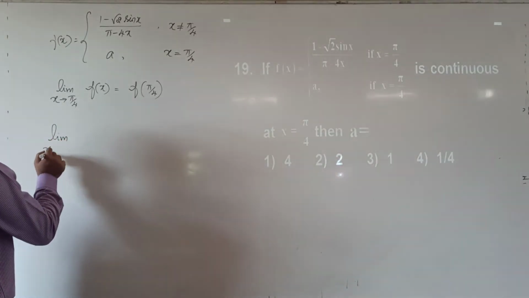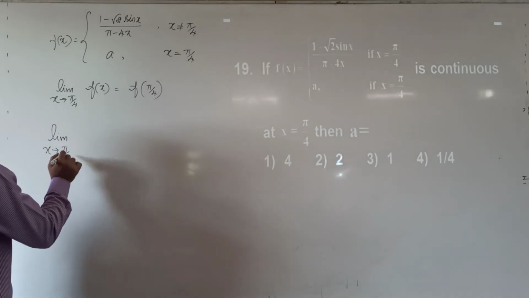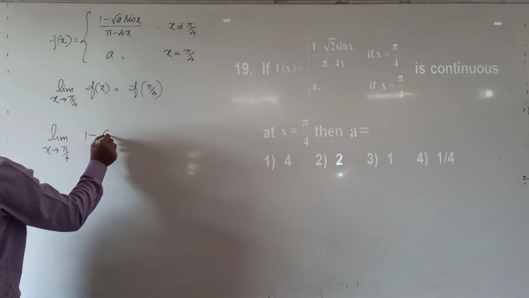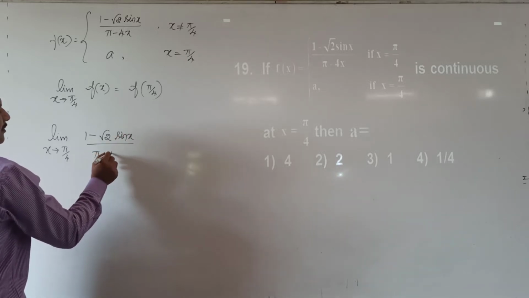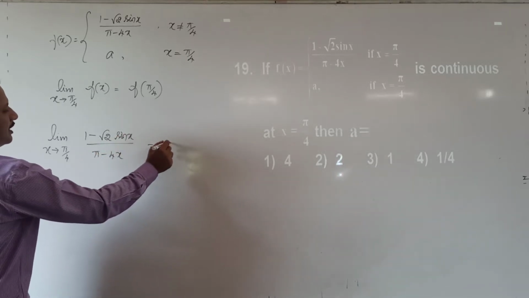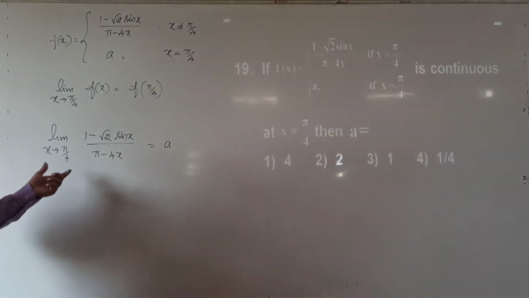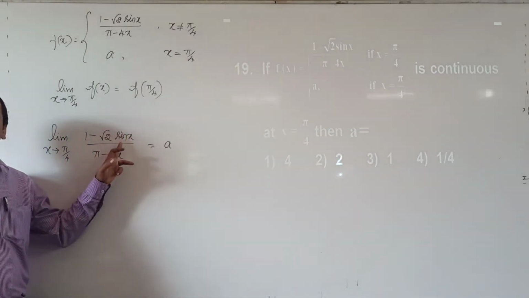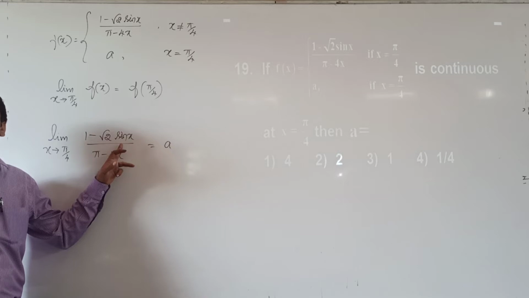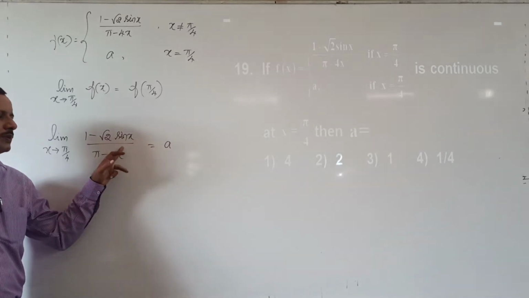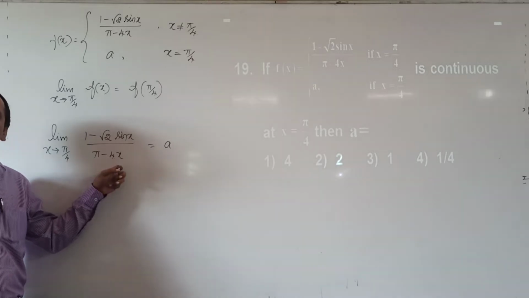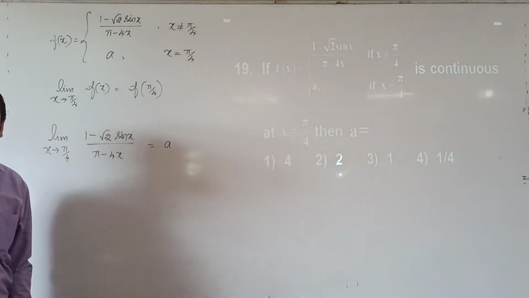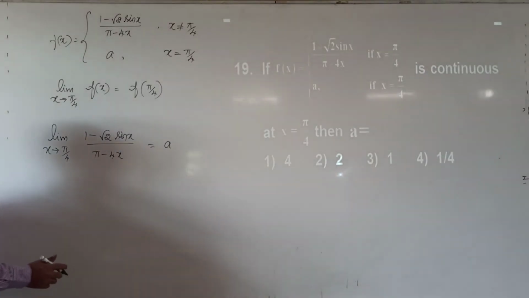Now, in place of f of x, I will substitute this 1 minus root 2 sin x divided by pi minus 4x. F of pi by 4 is a. If I directly apply the limit, we are getting sin pi by 4 here. Sin pi by 4 value is 1 by root 2. Root 2 gets cancelled. 1 minus 1 is 0. Here 4 into pi by 4, 4 gets cancelled, pi minus pi is 0. So this is of the form 0 by 0.